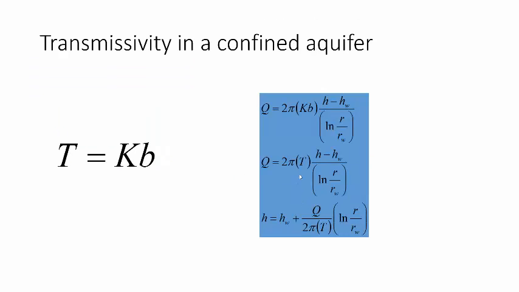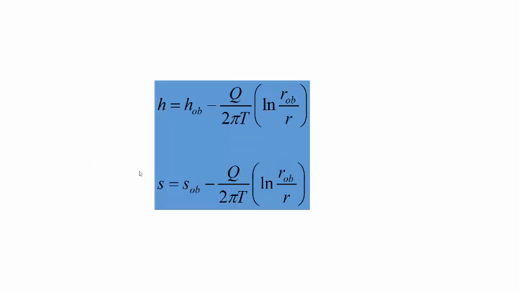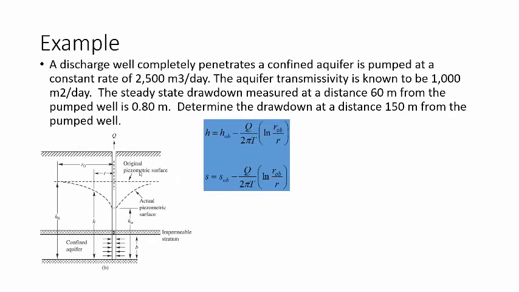And remember, the transmissivity in a confined aquifer is really the thickness times the coefficient of permeability. So these are the two equations that you would be using. You have two observation wells. So let's do that example.